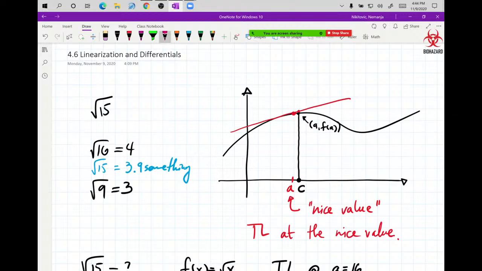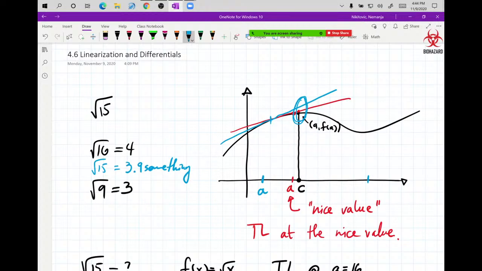So let's say you pick this, because that was number 1, and number 1 is easy to compute, and you do the tangent line there. Look at the difference in the y value when you compute your c in a tangent line. There is a lot more distance there than what you have.